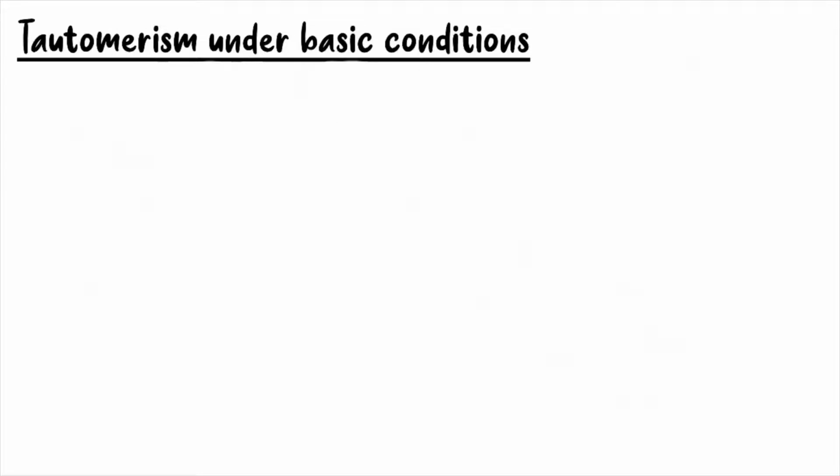Now under basic conditions we see enol formation occurring because the presence of a carbonyl group makes the hydrogens on the alpha carbon weakly acidic. So on this keto form over here, this is the alpha carbon.